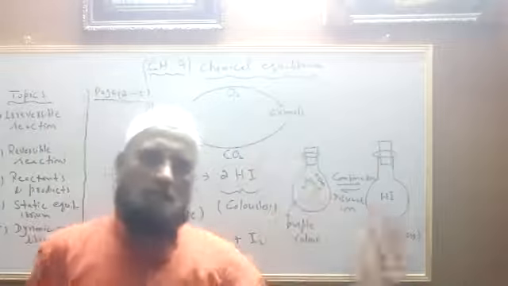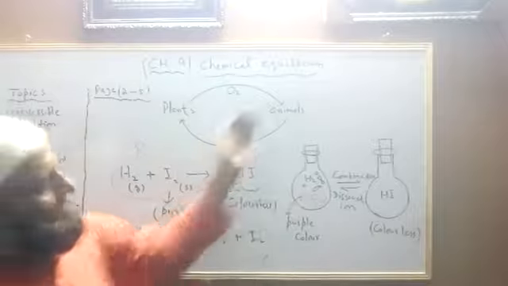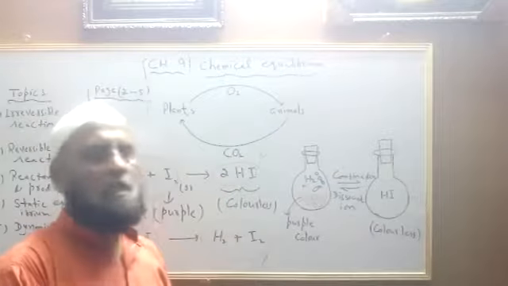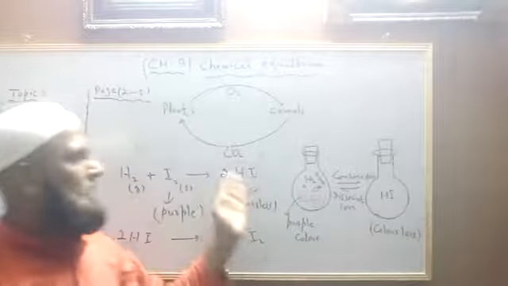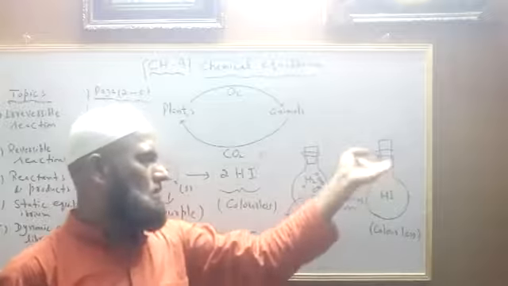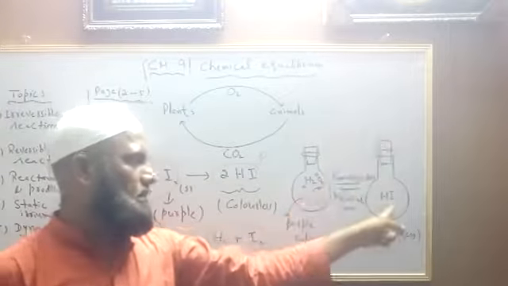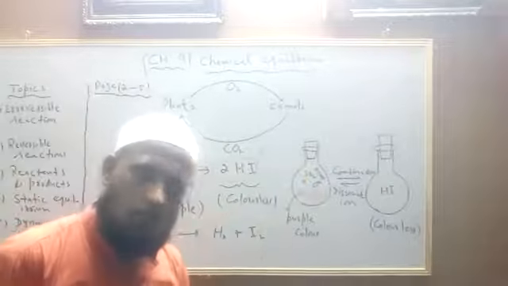So what happens if we continue this process in a closed container and place this flask at heat? A time will reach when the forward and backward reactions take place at the same rate. The number of molecules that convert into hydrogen iodide would be equal to the number of molecules that convert from hydrogen iodide to hydrogen and iodine.